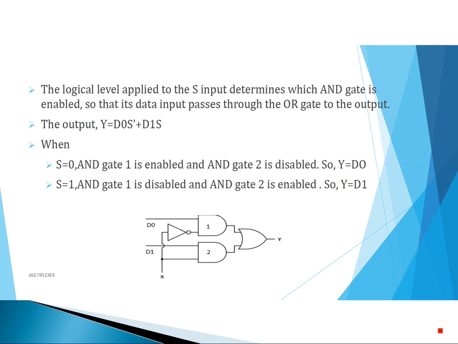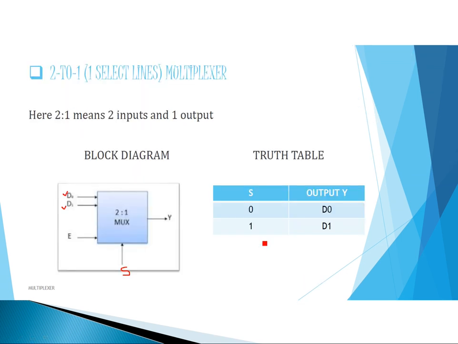Now we'll consider the logic expression and logic diagram of the 2:1 multiplexer. The output expression of the 2:1 mux is Y equals D0 S bar plus D1 S. How we have written this is, just consider the truth table.